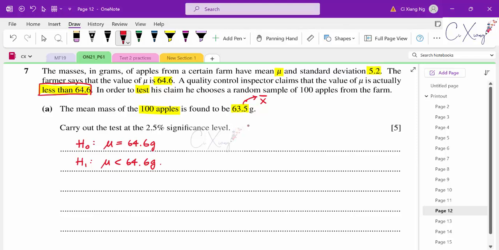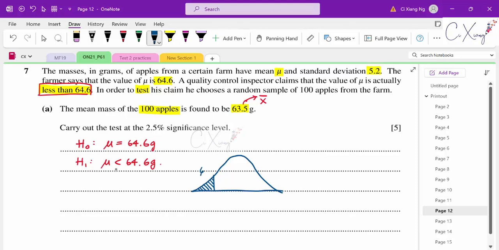Second step, we want to get the critical value if you use the critical value approach. The critical value is the value of Z that separates the acceptance and the rejection region. We have less than in the alternative hypothesis, which means our rejection region is on the left-hand side.